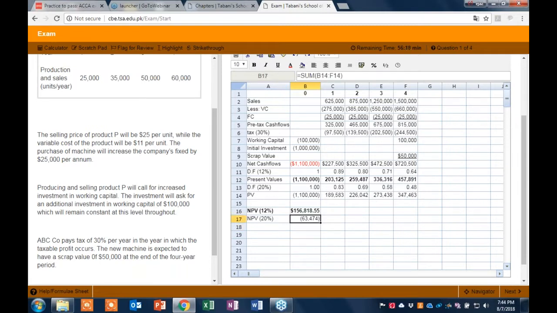So now we have two net present values, one with a 12% rate and the other with a 20% rate. Just quickly, if you can calculate the IRR for me using your calculators, and then I will calculate the same using the spreadsheet. Calculate the IRR using the formula that we discussed in the last session.